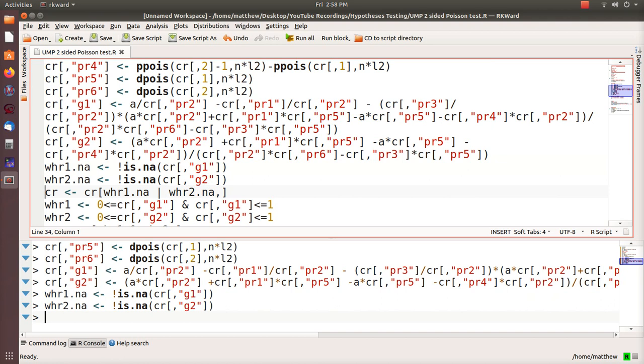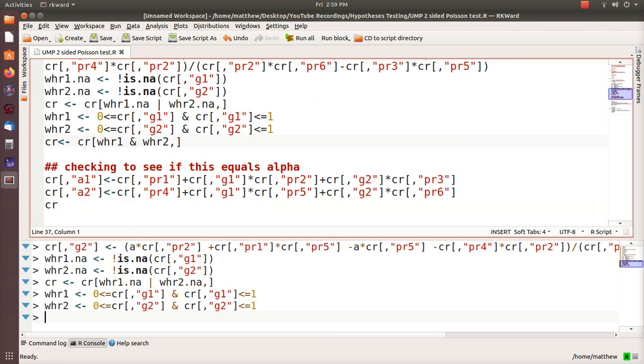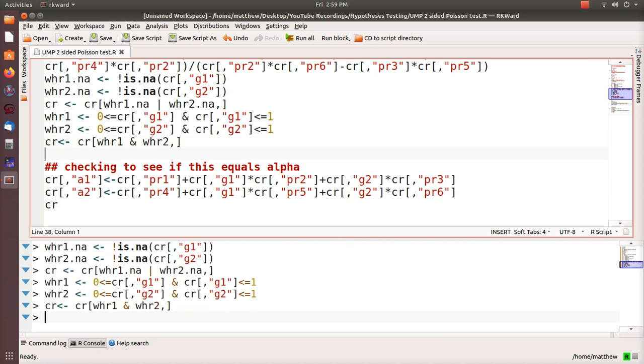I actually don't remember why I put that in the program. And then we remove those. And then we noted that the gamma 1 and gamma 2 values must be between 0 and 1. That's because they're part of the test function and the values are between 0 and 1. So we only keep those.